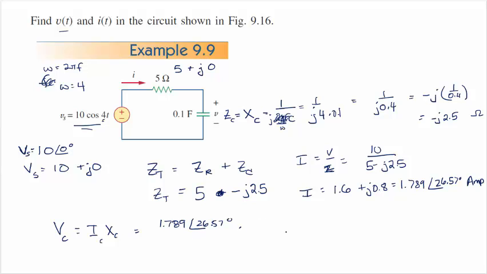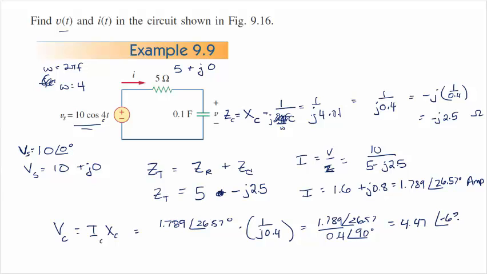And X of the capacitor we found right there is 1 over j 0.4. Now, of course, we have our mixed polar coordinates and rectangular coordinates, so we have to convert that. 1.789 angle 26.57 divided by 0.4, and with that j in the denominator the way it is right now, that's a plus 90 degrees. And now we can do that math nicely. We get 4.47 angle of minus 63 degrees.